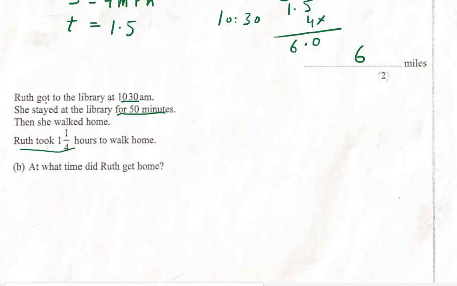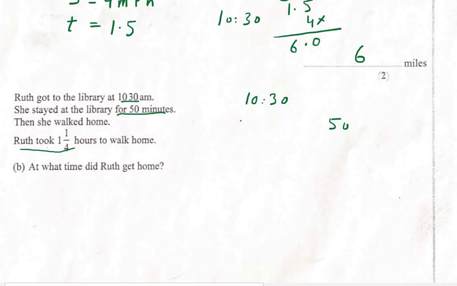Okay, so to do these questions, again the main point is 10:30. So she got to the library at 10:30 and she stayed there for 50 minutes. So I'm going to find what time she started walking home. From 10:30, if she stayed for 50 minutes, some people make a mistake here.